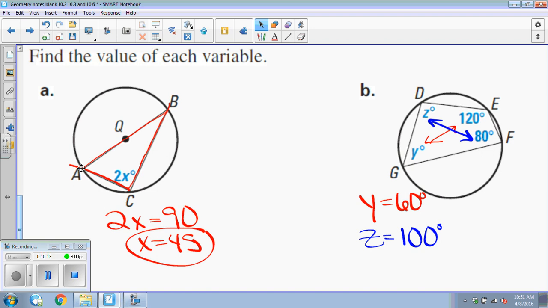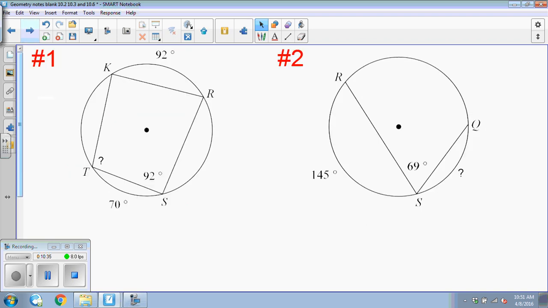Because you're either going to be multiplying 2 times that angle to equal the arc. And remember those problems like last night's homework, they're kind of like a scavenger hunt. Sometimes you have to figure out what all the arcs equal and then add some of them together to find what they're asking you. So let's look at a couple of examples.